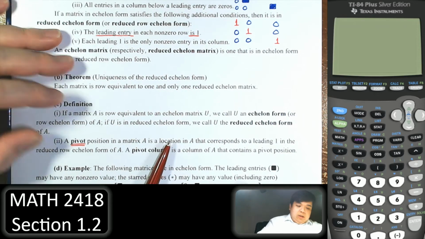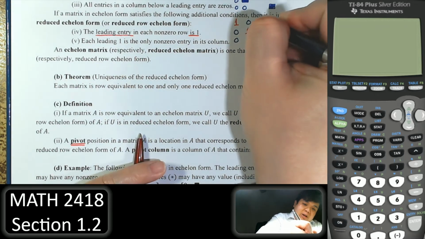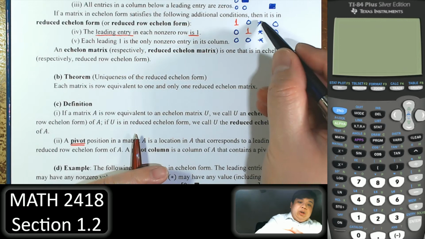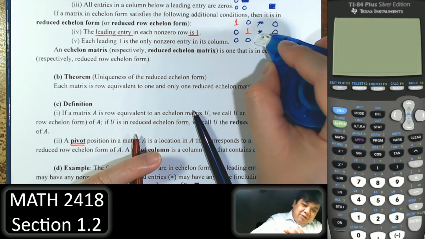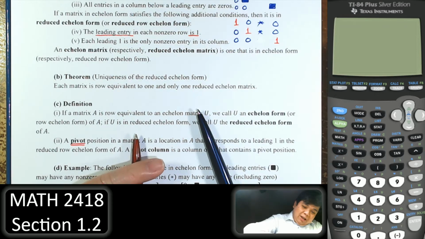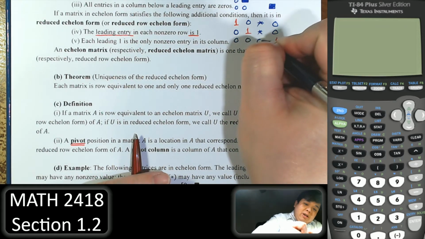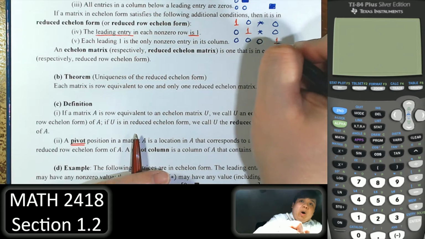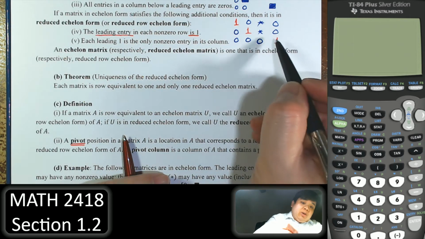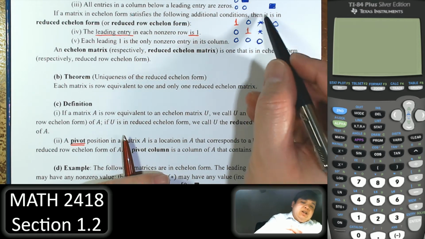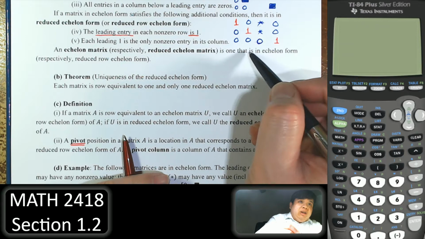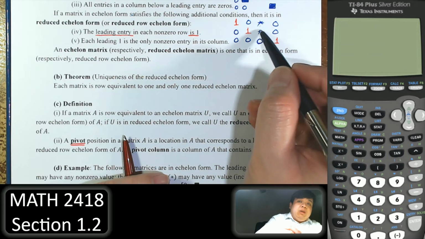Regardless of what we have elsewhere, it doesn't matter, because there is no leading 1 in the other columns. Those are not pivot columns, so they can be anything else.